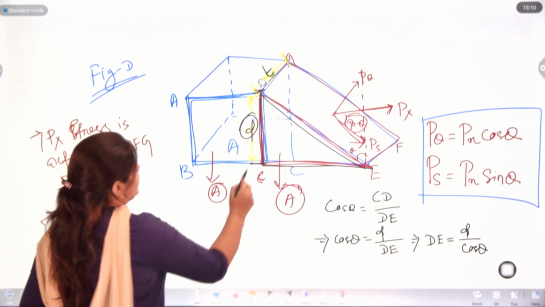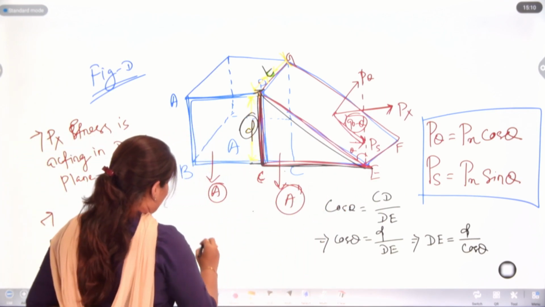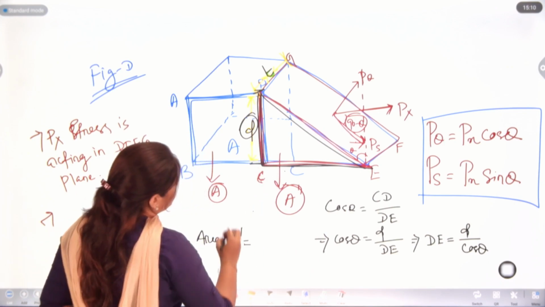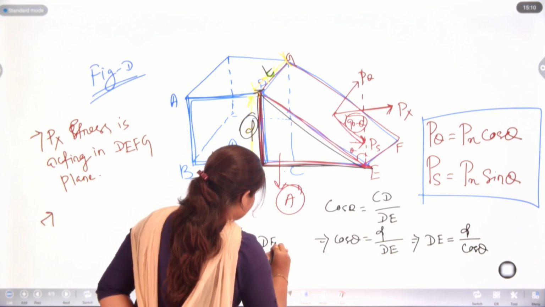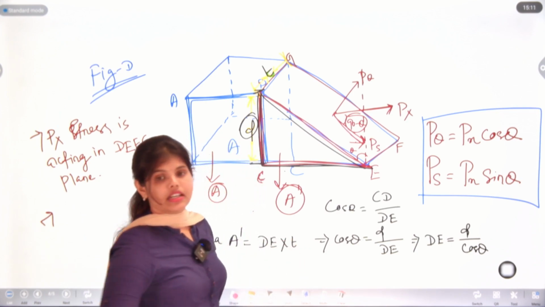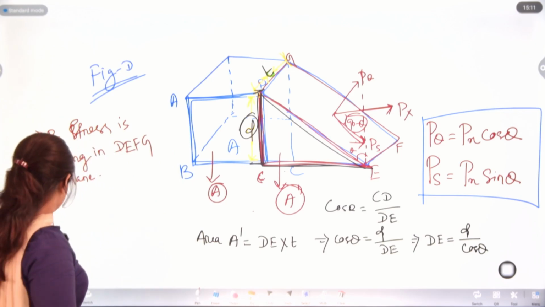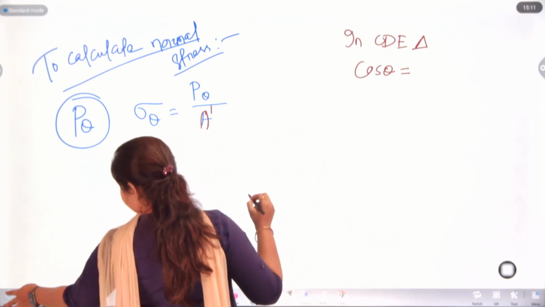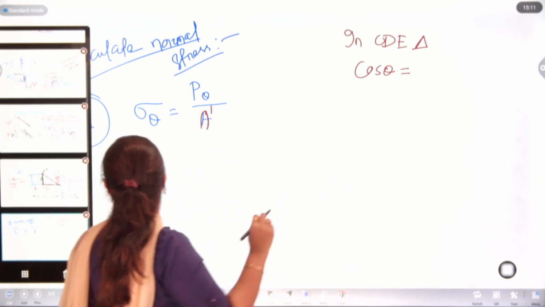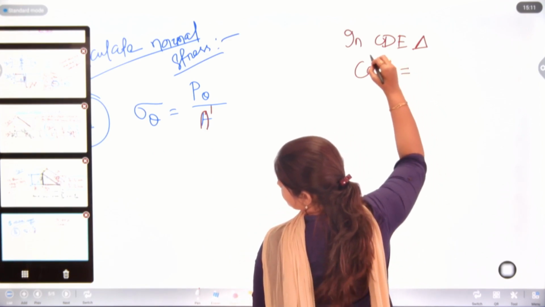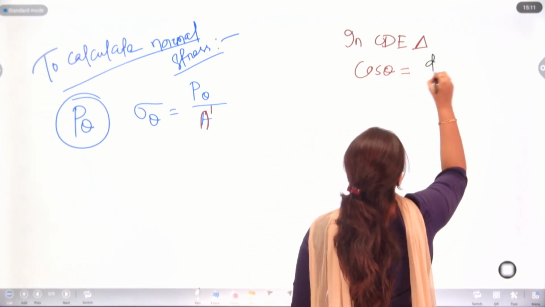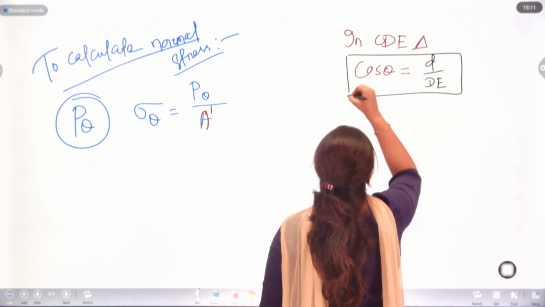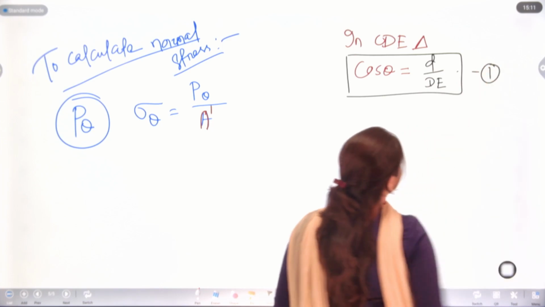So, in this case, the area A dash will be DE multiplied with thickness T. We will take it as equation 1.